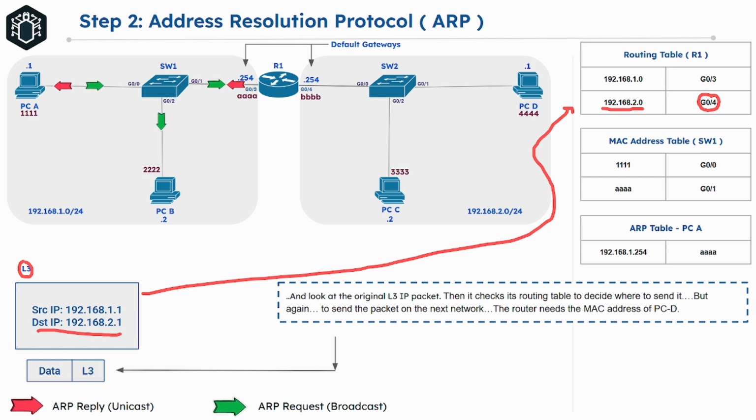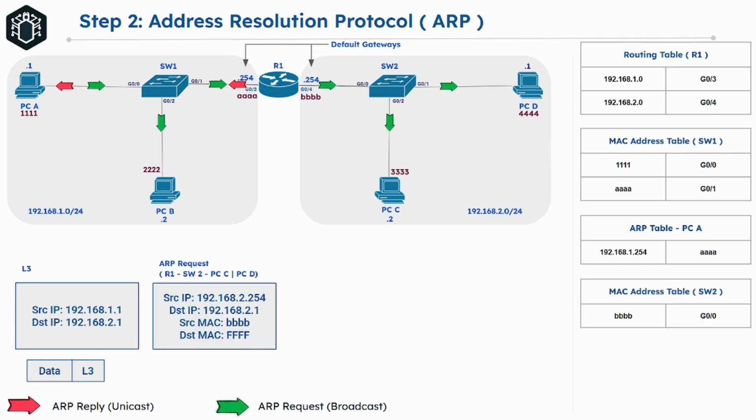But before sending it to the next network, the router needs one more thing. It needs the MAC address of the destination device PCD. And just like PCA used ARP earlier, the router will also use ARP in this network. So the router sends an ARP request in the network 192.168.2.0. The message looks like this.